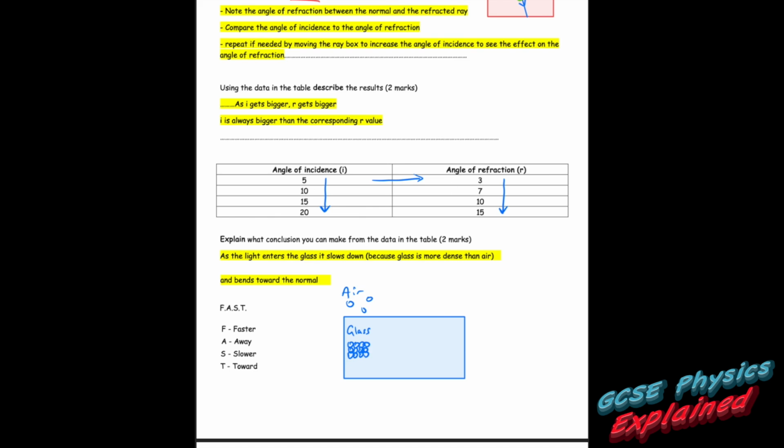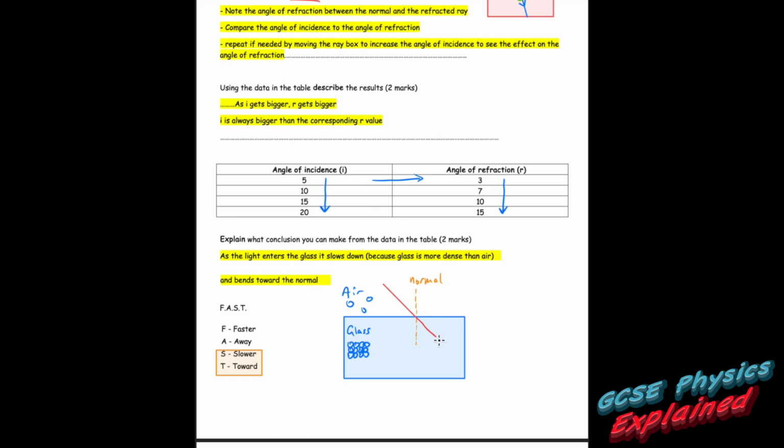Now, when the light goes from the air, it's travelling fast, but when it hits the glass, it travels slower. Put the normal in. So as the light goes into the glass, it travels slower. And if it goes slower, you move toward the normal.